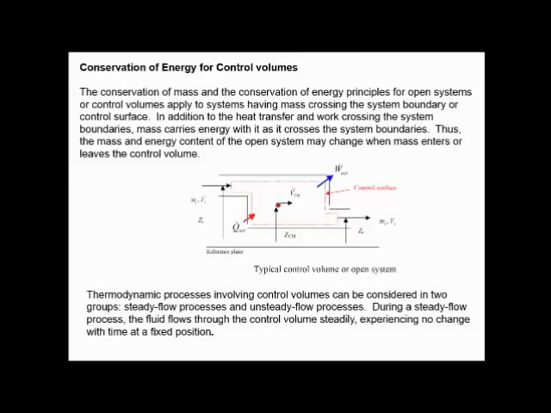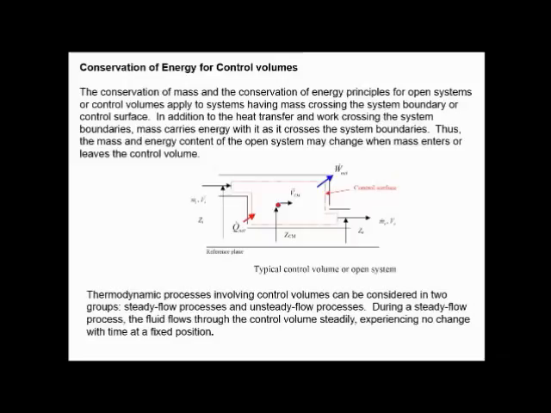Thermodynamic processes involving control volumes can be considered in two groups, that is the steady flow processes and the unsteady flow processes. During a steady flow process, the fluid flows through the control volume steadily and experiences no change with time at a fixed position.